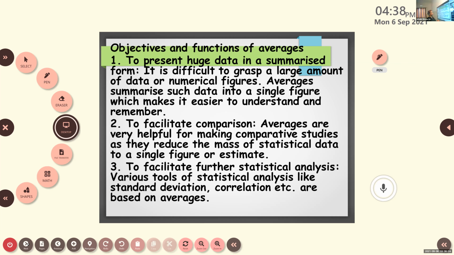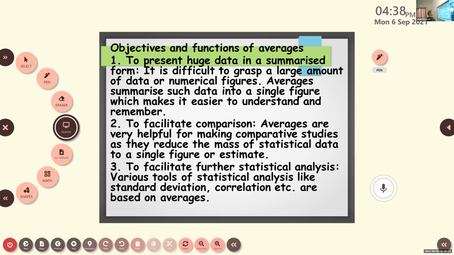It is very difficult to go through the large data or a lot of numerical figures. So when we take the averages, we bring it into one single figure, and from that it is very easy for us to understand and remember. Because of this reason, we are using averages.